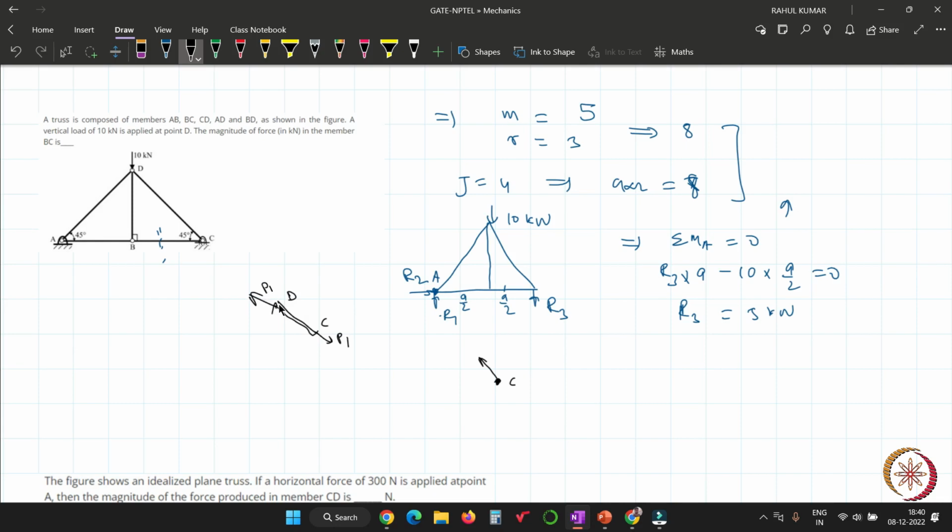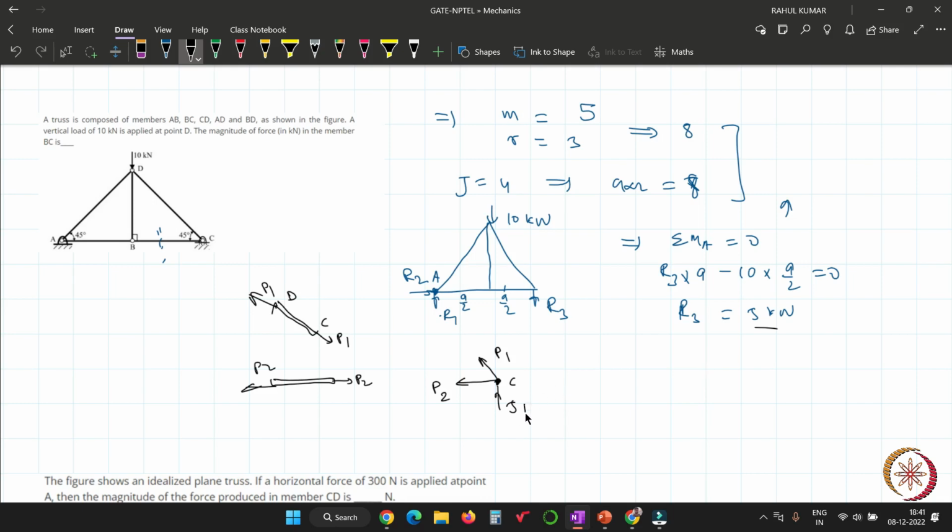If you assume the force in this member is P1, then there will be an equal and opposite force at this joint. Suppose member BC has the force P2. R3 is in the same direction as what you have assumed. You have to be very careful about the directions, otherwise you will get the wrong result.